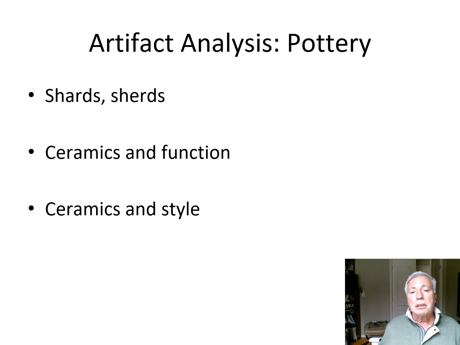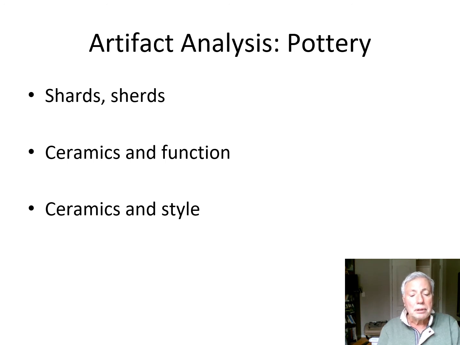Okay, let me just talk a little bit about artifact analysis, like pottery, just to make this very clear. People confuse these two terms all the time, shards and sherds. A shard is a glass fragment. A sherd, a pot sherd, is a piece of pottery, a fragment of pottery.